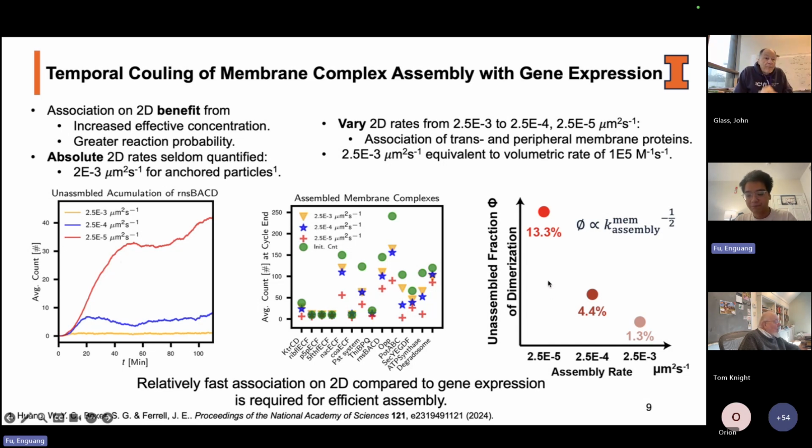We also derived a formula for the unassembled fraction of synthesized monomers in a simple dimerization reaction to show that a relatively fast association on 2D compared to gene expression is required for efficient assembly.